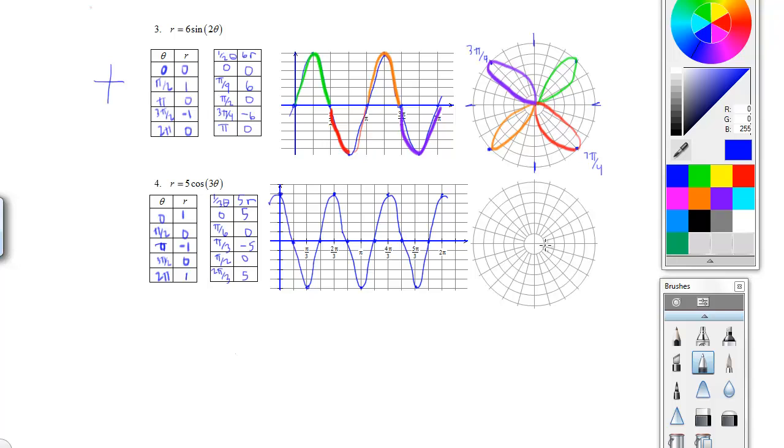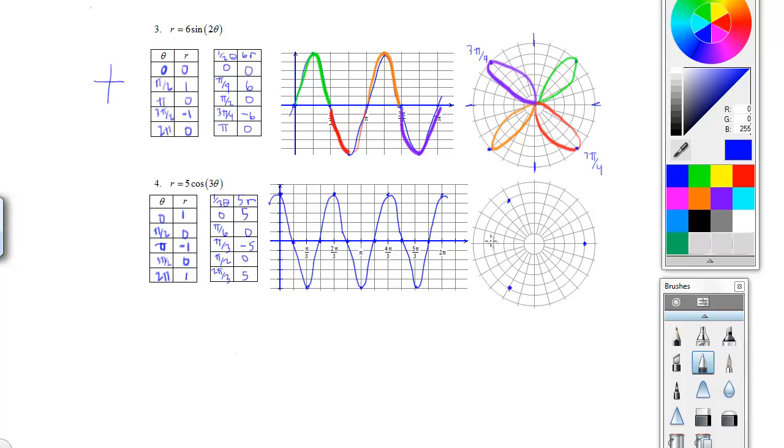Over 0 and out 1, 2, 3, 4, 5. And back to 0. At pi over 3, we're going to negative 5. Then back to 0. And at 2 pi over 3, we're going out to positive 5. 1, 2, 3, 4, 5. And then back to 0.